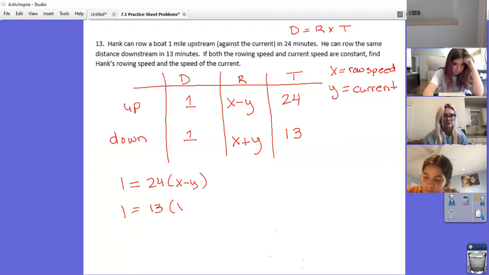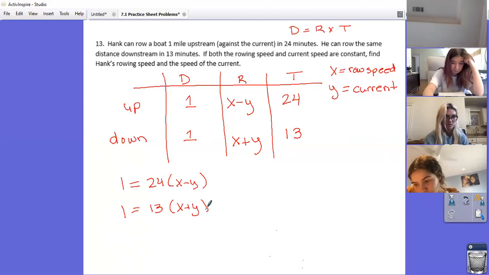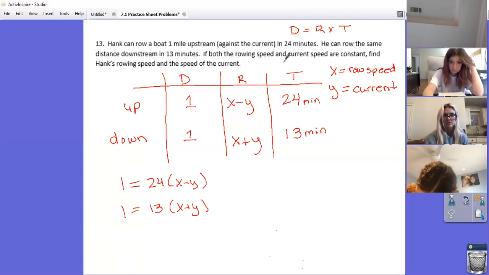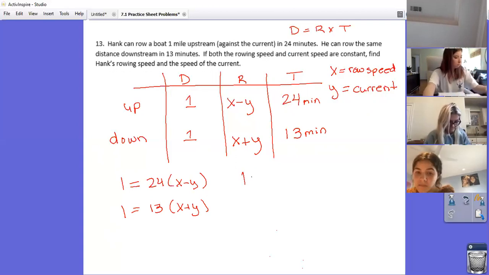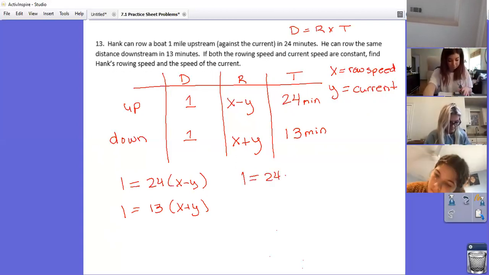So one thing you probably did wrong, Emily, is your answers are going to be in miles, and these are minutes. The answers are in miles per hour. So when you get your answers for X and Y, you have to multiply them by 60 to get miles per hour. Because the answers you get when you solve are going to be in miles per minute.